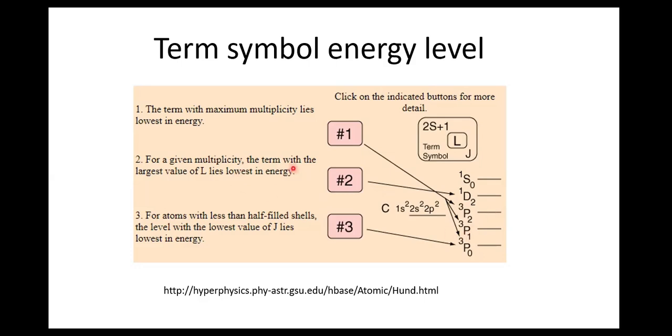We look for the largest value of L. So if you still remember, when L equals 0, we have an S symbol, right? And if L equals 1, we have the P symbol, right? And if L equals 2, that corresponds to the D symbol.